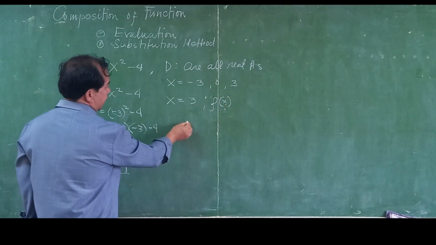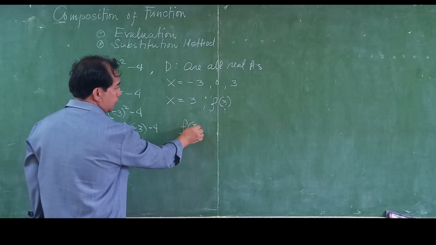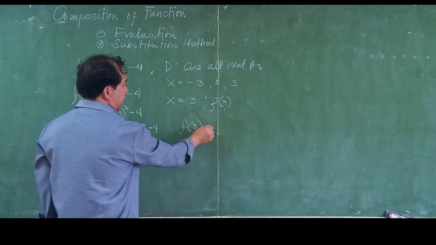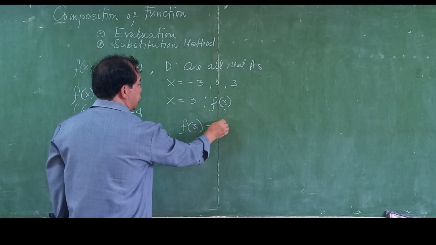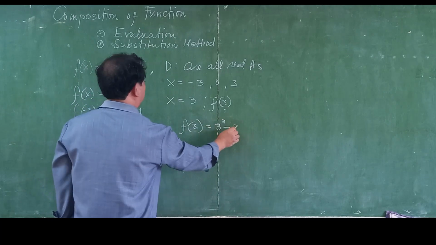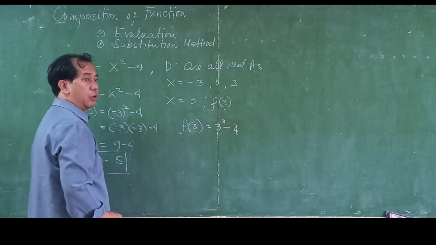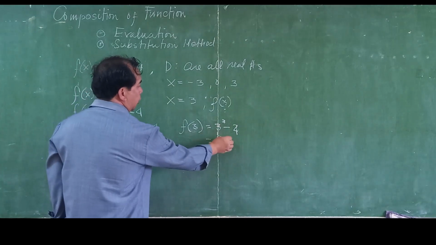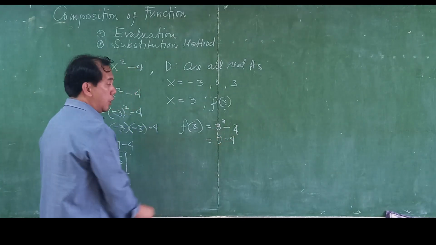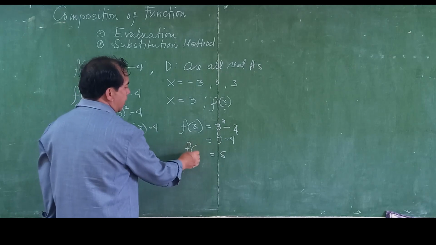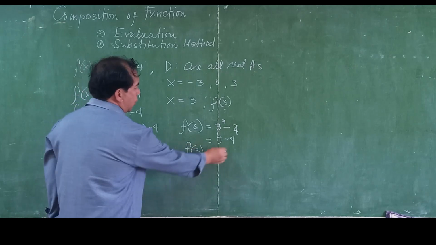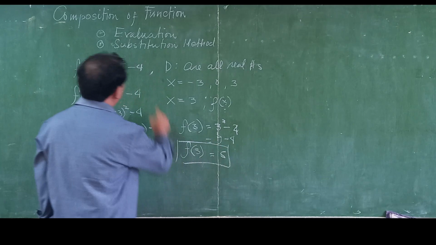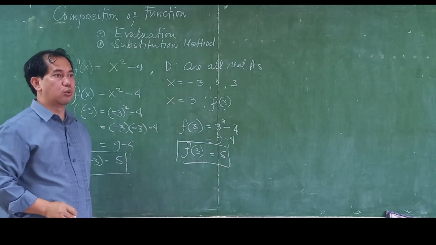So by saying f of 3 is the same as 3 raised to 2 minus 4. So it will give you just the same, that is 9 minus 4. When we are going to have the composition of the function, we follow the evaluation and substitution.